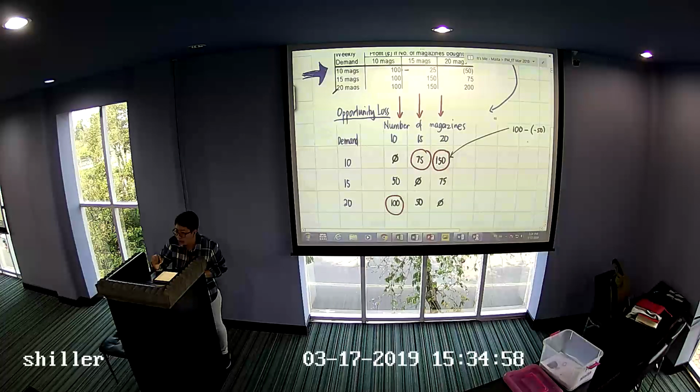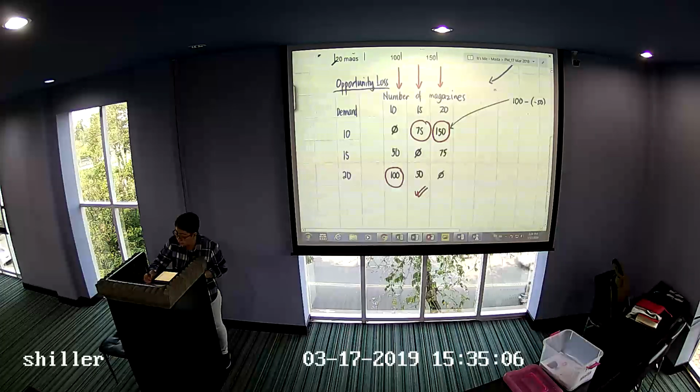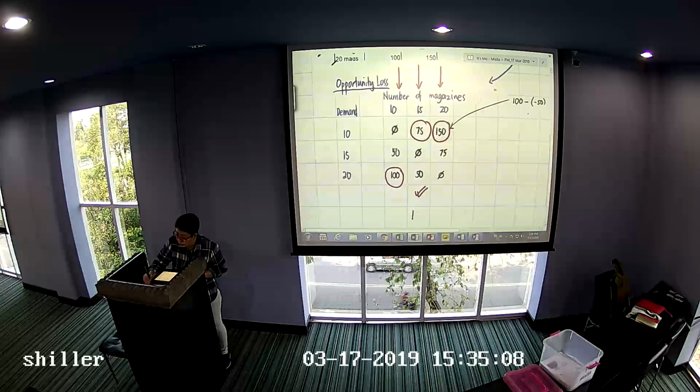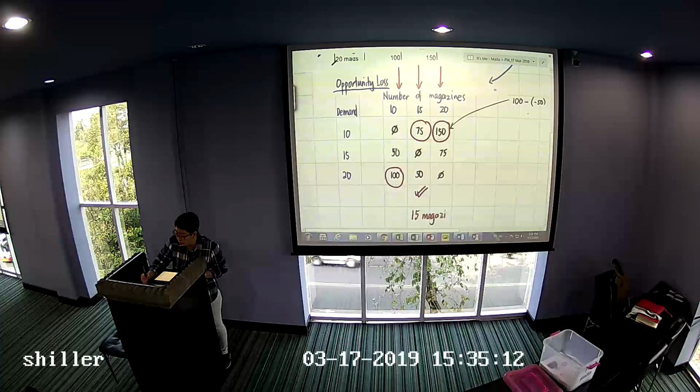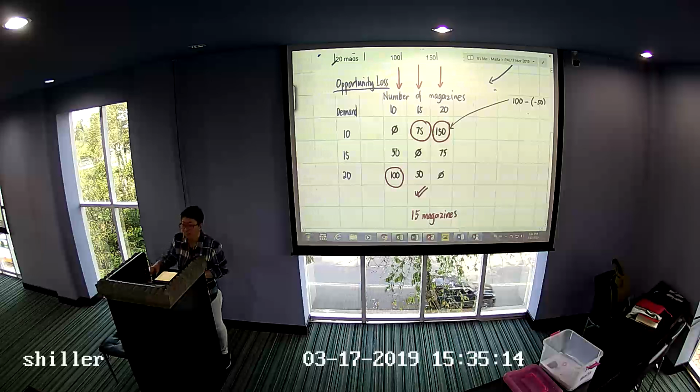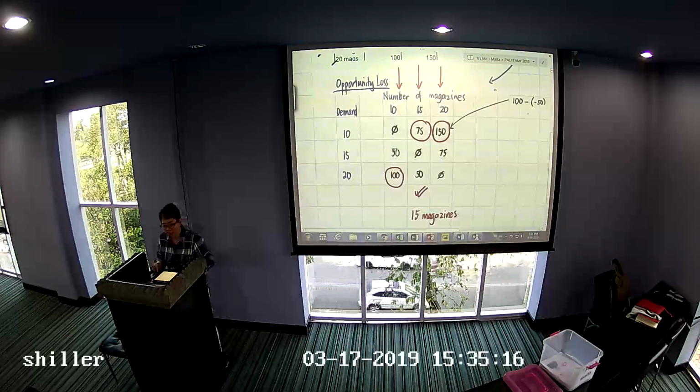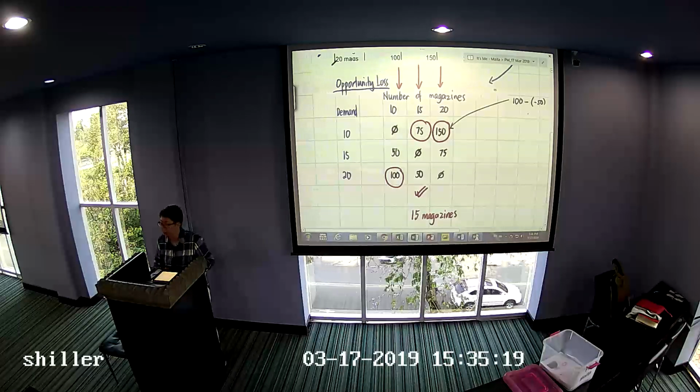But you have to get the minimax. Minimum of the maximum regret. So which one is that? So you have to have 275. So if you have minimax regret, how many magazines? 15 magazines. Yes? Okay? Clear?